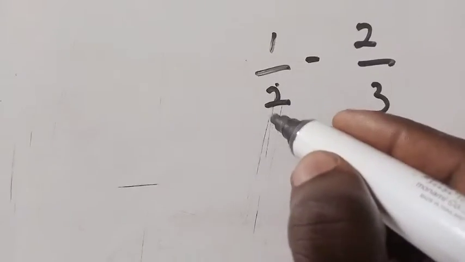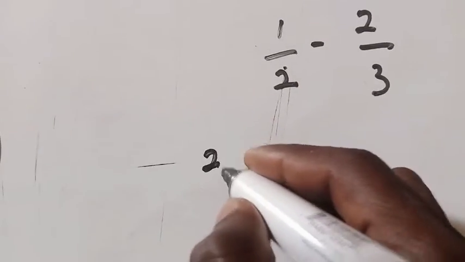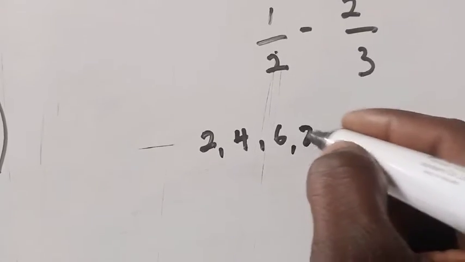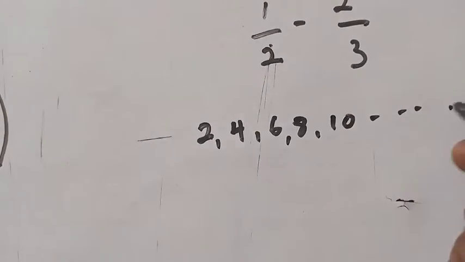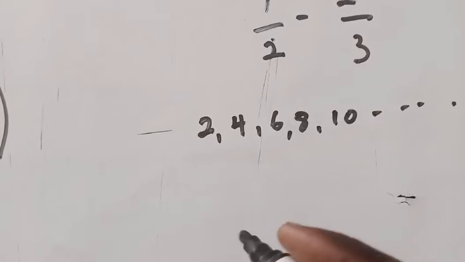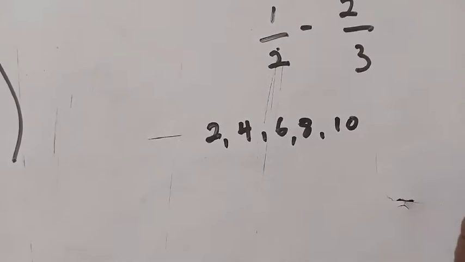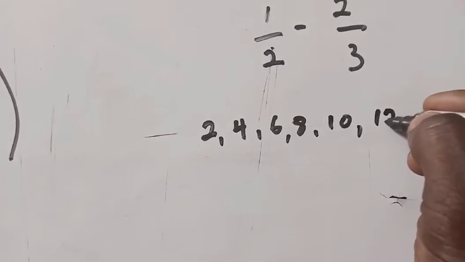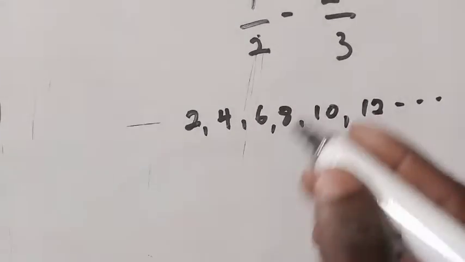So here we have the multiples of 2, that is 2, 4, 6, and then 8, 10, and so on, right? What about the 3? Let's extend maybe to 12 and so forth. So what about the 3?